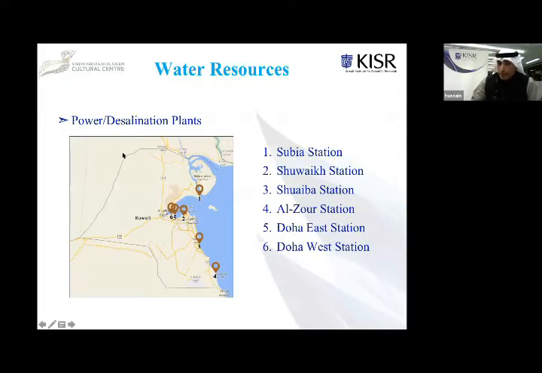Here is a map showing the location and the number of power desalination plants in Kuwait. There are roughly 6, including Sabiya station, Shuwaikh station, Shuaiba station, Azzour station, Doha East and West stations. You see the location of them; they are all on the side of the seawater.